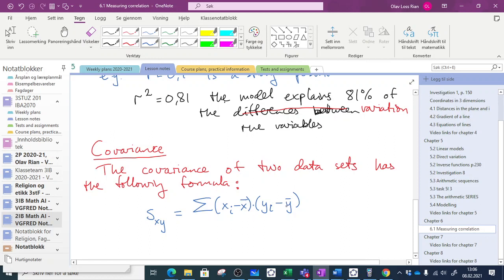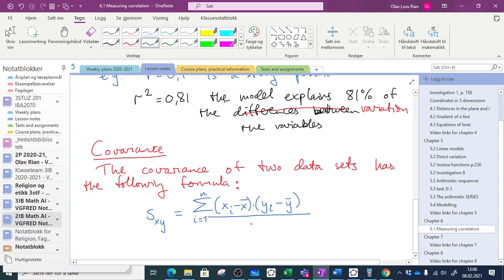So x bar and y bar mean the mean value, so it's the average. And we're going to count these data pairs all the way up to n, depending on how many pairs you have.